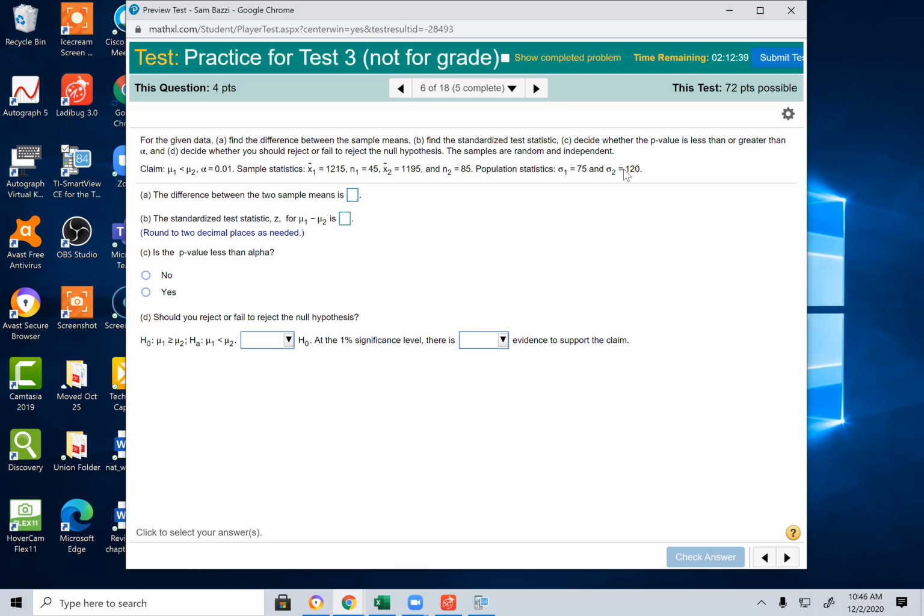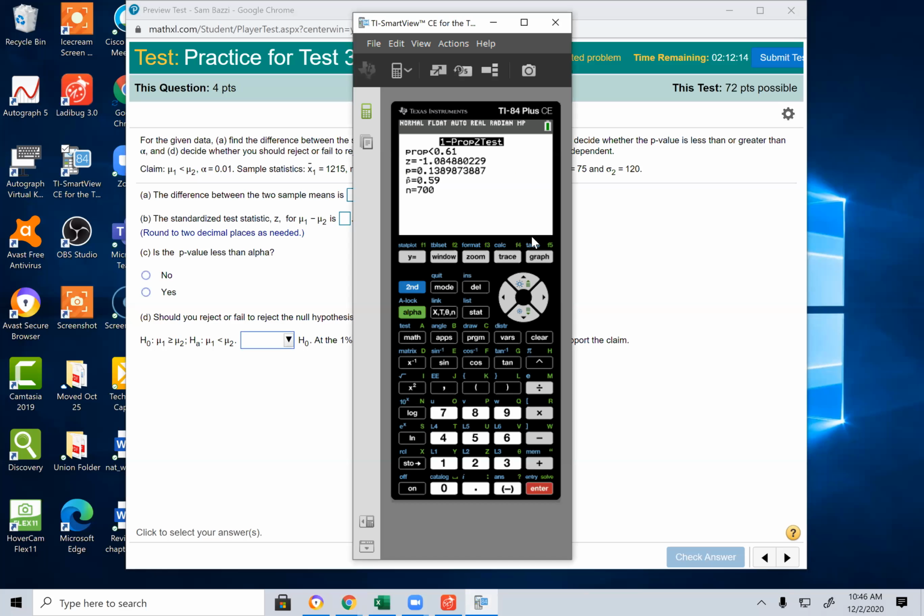So what's the name of the test, guys, since he gives me sigma 1 and sigma 2? Z test? Yeah, two-sample Z test, because he gives me sigma 1 and sigma 2. So I'm writing them down because the calculator covers some of them. And let me bring the calculator back. All right, so you go to stat.